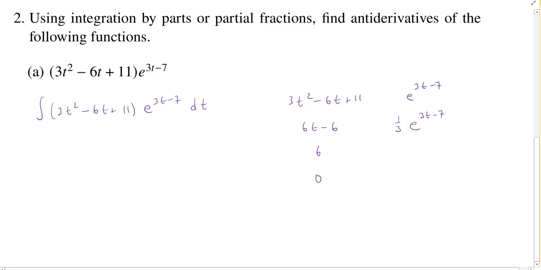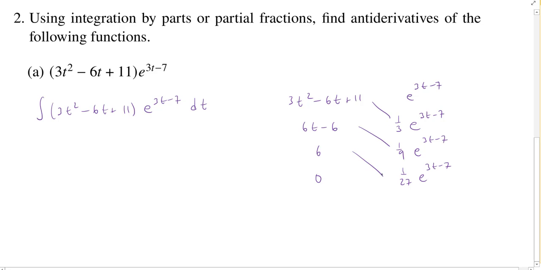So to compensate, I divide by 3, right? This is always the trick when you compose with a linear function. Just write down what you would think it would be if you hadn't composed, and then divide by whatever coefficient you get in front of t. So for the next one, I'll just divide by 3 again. So 1/9 e to the 3t minus 7, and finally 1/27 e to the 3t minus 7.